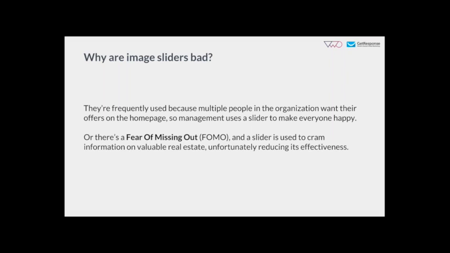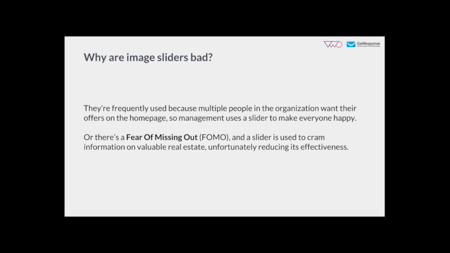The other reason is a fear of missing out. Everyone knows that the first landing page or homepage, the part above the fold, is prime real estate. It is very valuable real estate in the world of conversions, and people are scared that something might be missed since no one's scrolling down. Unfortunately, they end up reducing the effectiveness of that prime real estate.